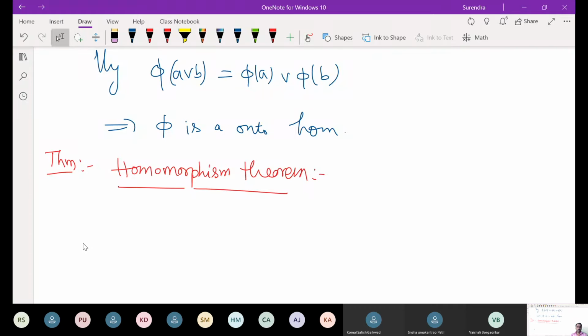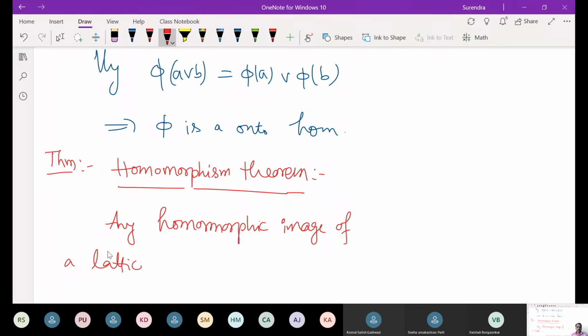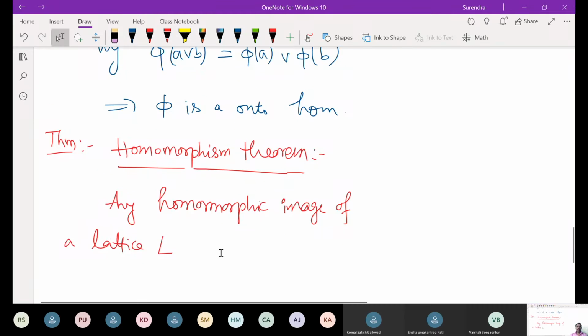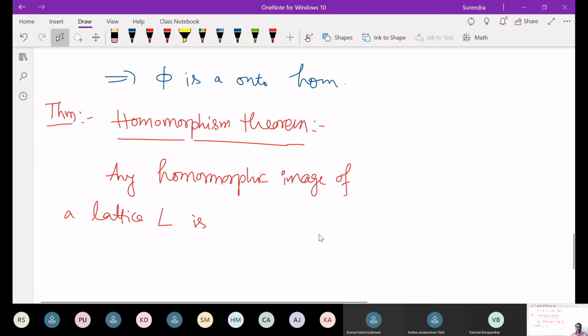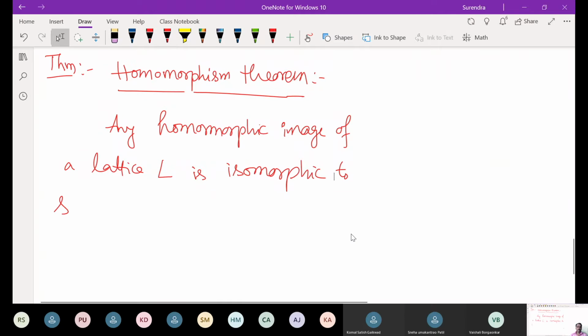So what it says is that if you take any lattice L, any homomorphic image of the lattice L is isomorphic to some suitable quotient lattice.